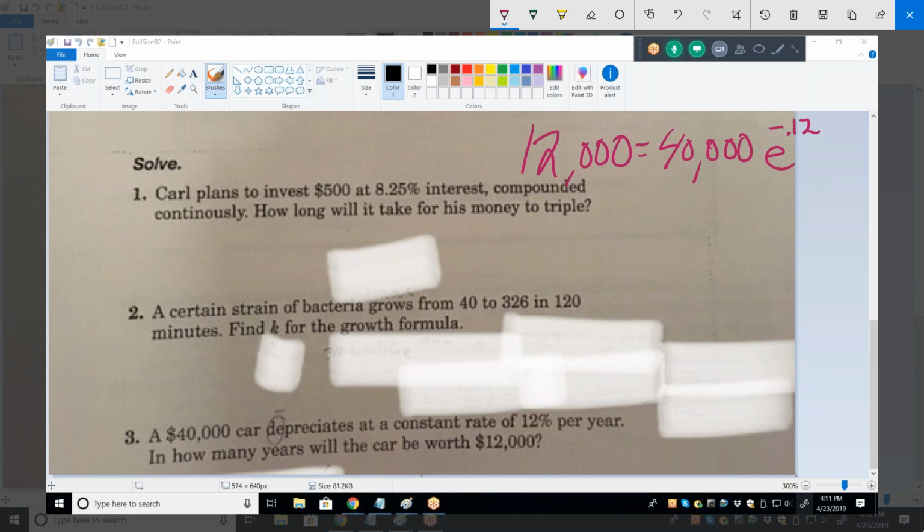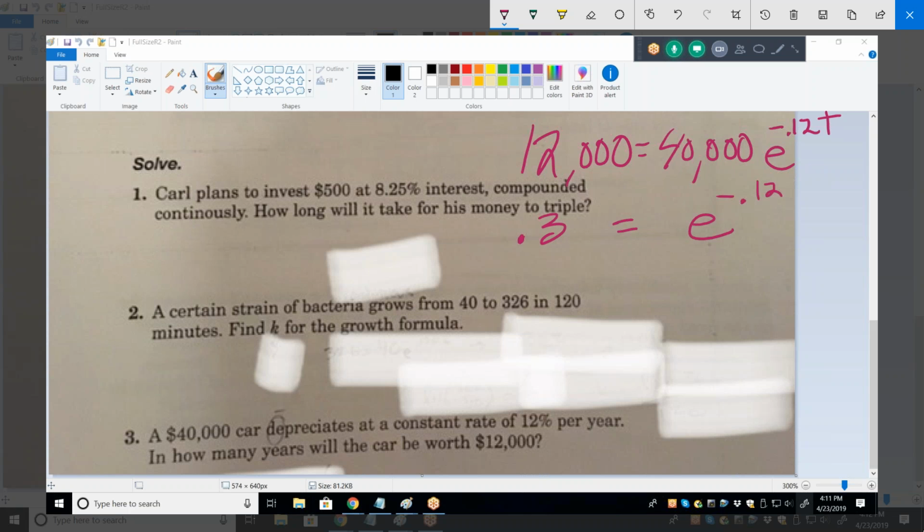Okay, so negative 0.12 T. So divide. Go ahead, give me a number on the left side after you divided everything by 40,000. It's 0.3, I think. That's going to be 0.3 equals e to the negative 0.12 t.